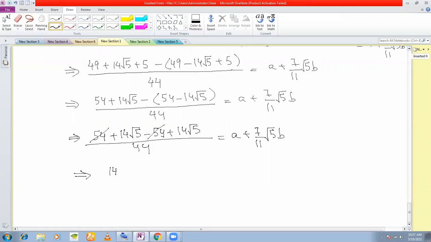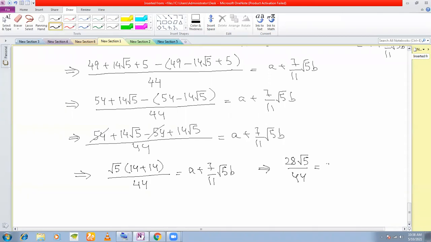So you can take root 5 common and you can add up 14 plus 14 to get 28 root 5, divided by 44 is equal to a plus 7 by 11 root 5 b. And so you have 28 root 5 by 44 is equal to a plus 7 by 11 root 5 b.